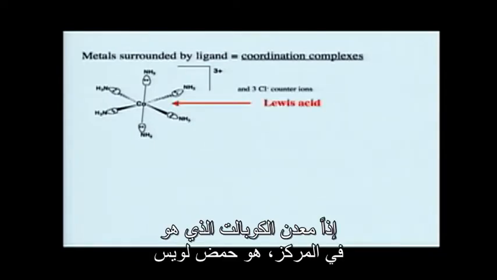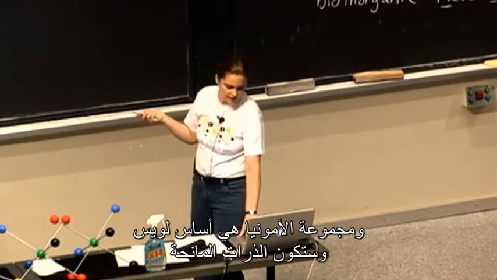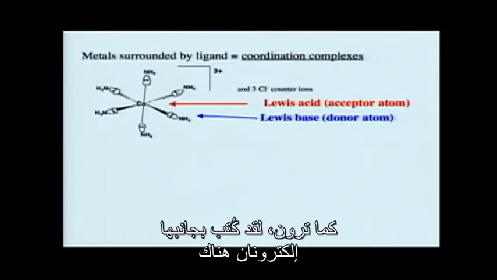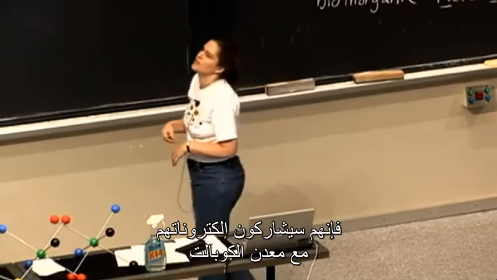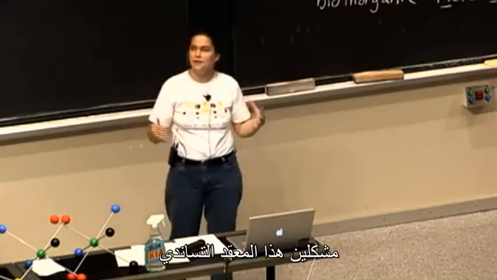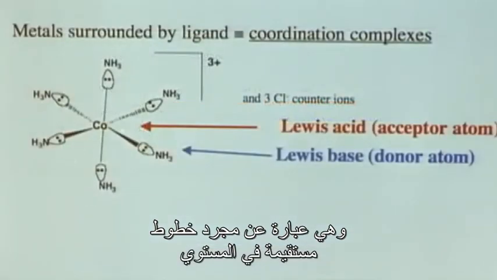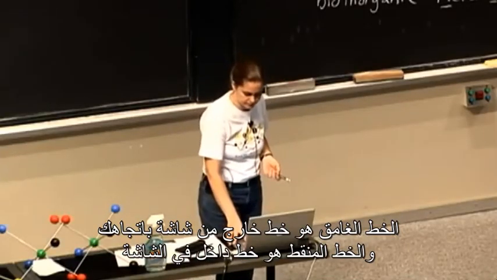And so then our cobalt in the center, our metal, is the Lewis acid, and it's going to be the acceptor atom. And the NH3 groups are our Lewis bases. They're donor atoms. You see it's written with those two electrons there, that they're sharing their electrons with the cobalt, forming this coordination complex. And in this scheme, the bonds that are just straight lines are in the plane. The thick bonds are coming out towards you, and the dashed lines are going back into the screen here.